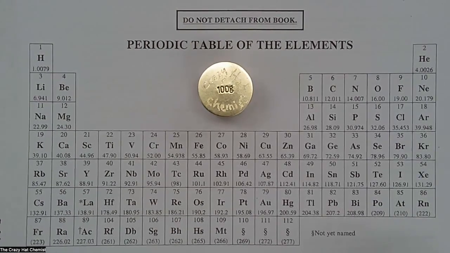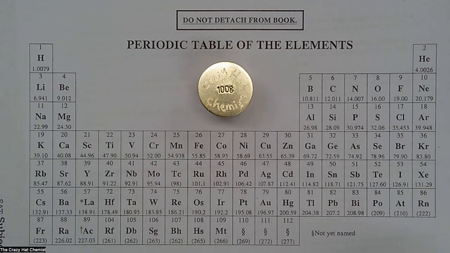Fantastic. So what is the trend in size going down a group? That's the atomic radius on the periodic table, and why does this occur? So the trend in atomic size or atomic radius is as one moves down a group or family.